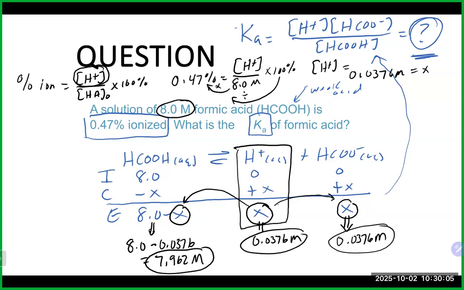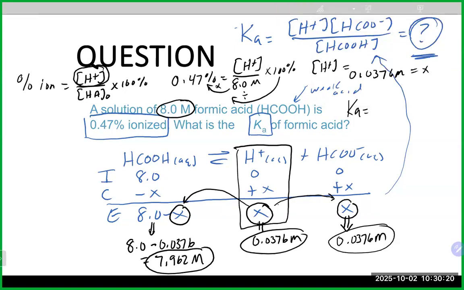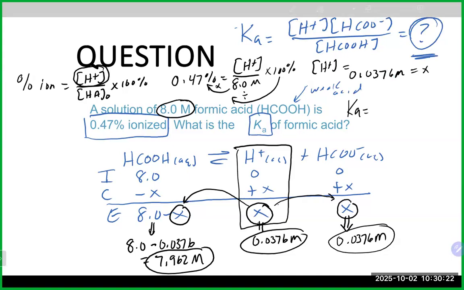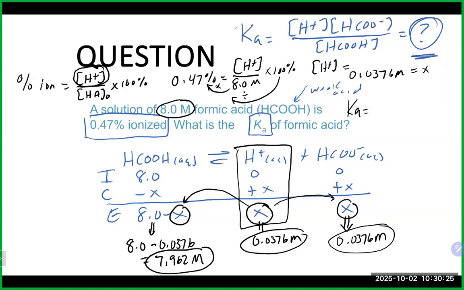And now we actually do have something that we could put into our Ka expression and get an actual value for the Ka. So our Ka here will equal, up on top, 0.0376 times 0.0376, divided by 7.962.